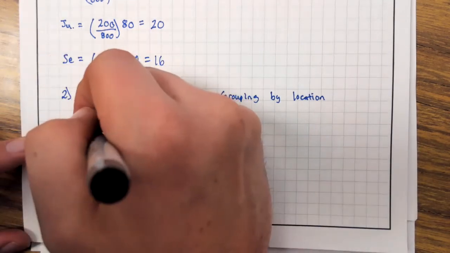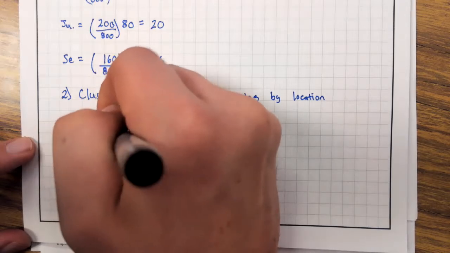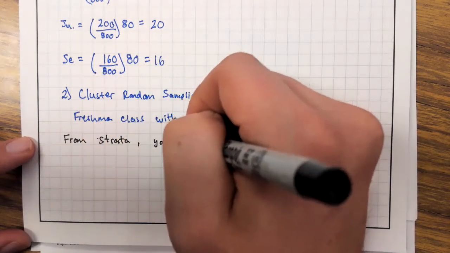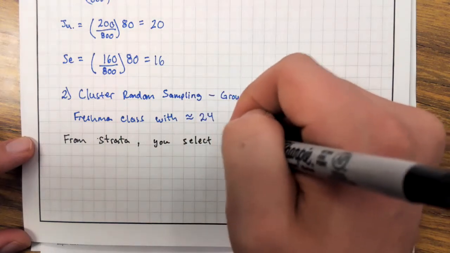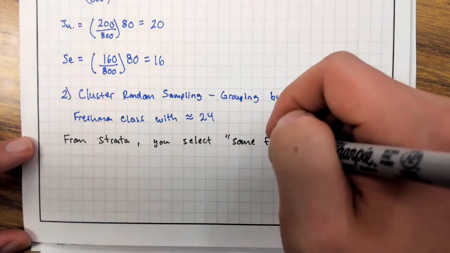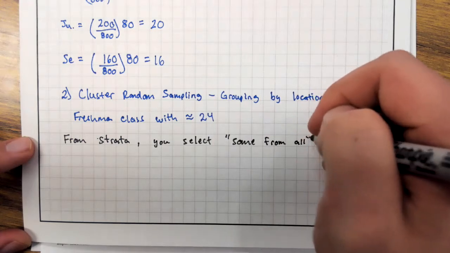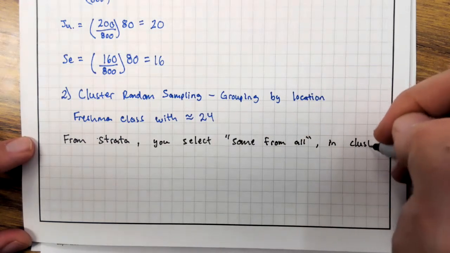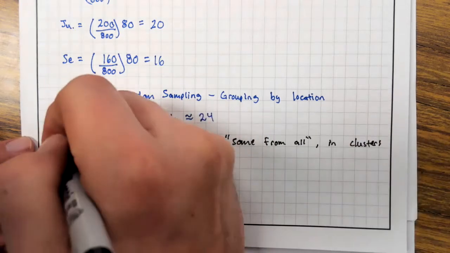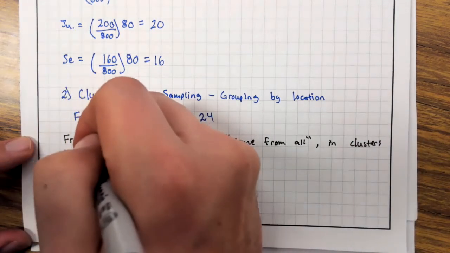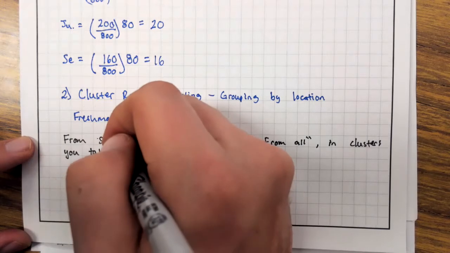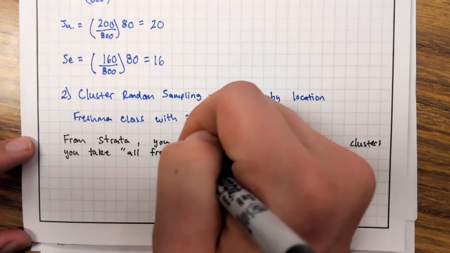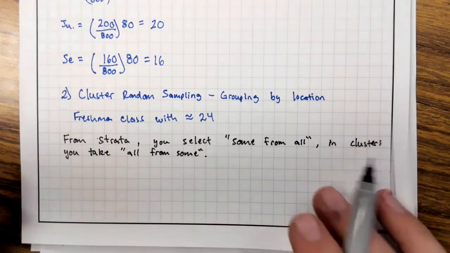From strata, from the stratified sample, you select some from all. In clusters, you take all from some. Kind of backwards, essentially, right?